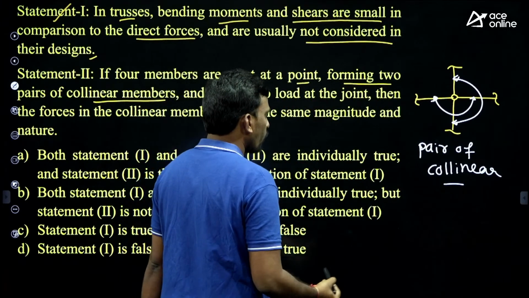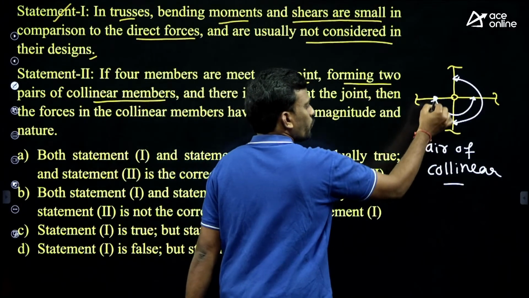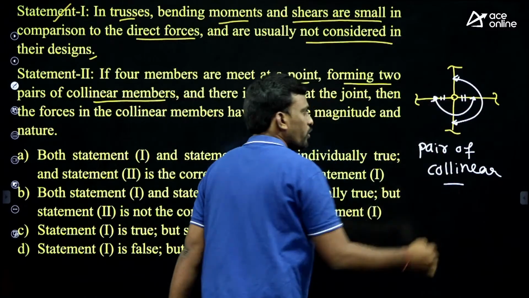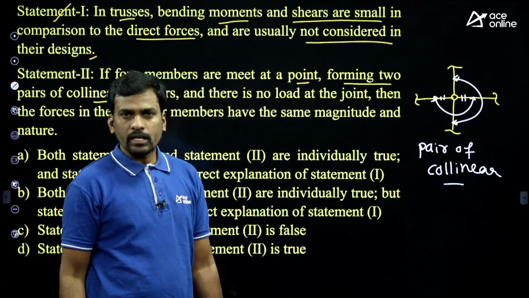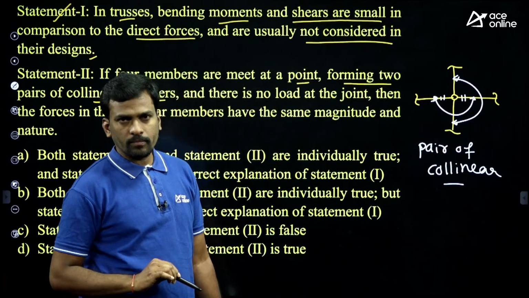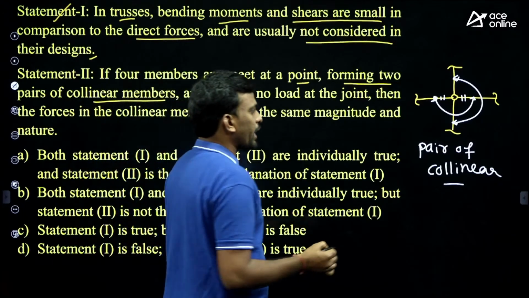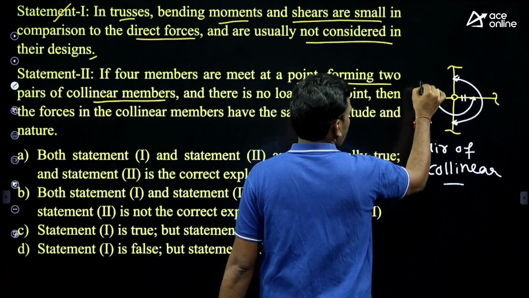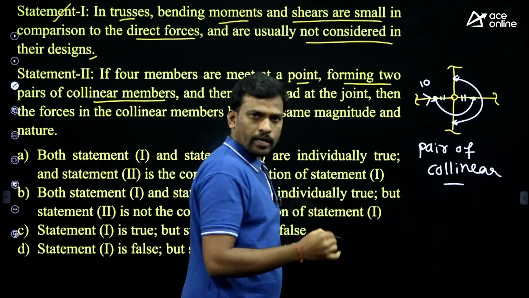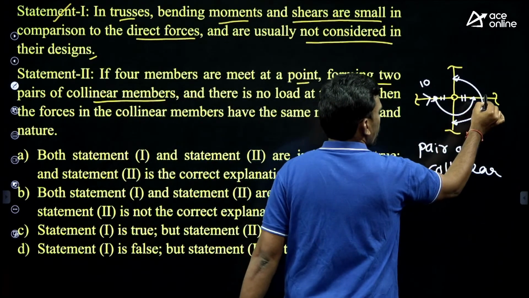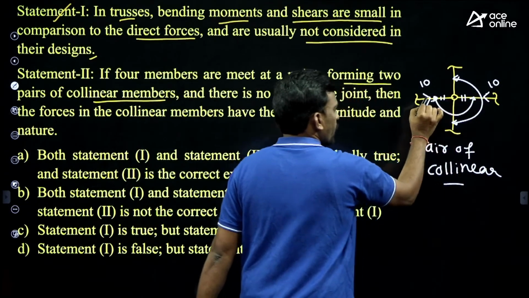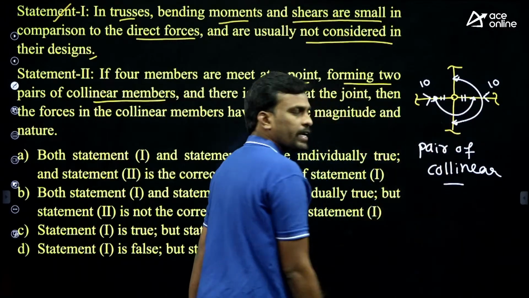In case of a pair of collinear members, students, the forces in both members are of the same magnitude and same nature. Same magnitude means, for example, in this member, if it is 10 kilonewton to the right side, then the force in this member is the same magnitude but opposite direction, 10 to the left side. This is right side 10, this is left side 10.